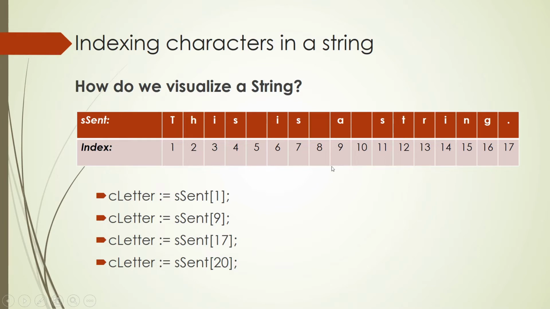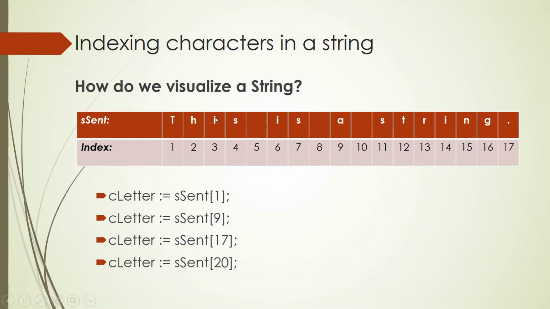Let's see how we visualize a string. So I've got a variable sent that stores the string 'This is a string.' Each character in a string has an index starting at index 1. The string starts at index 1.